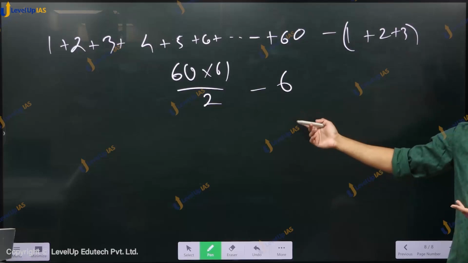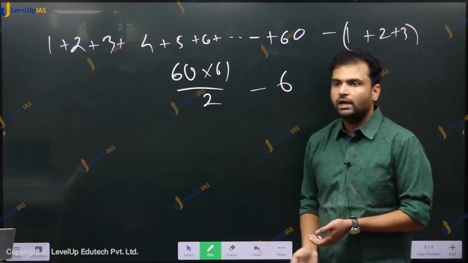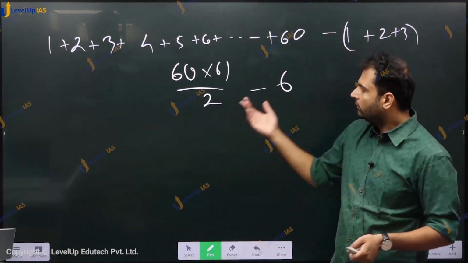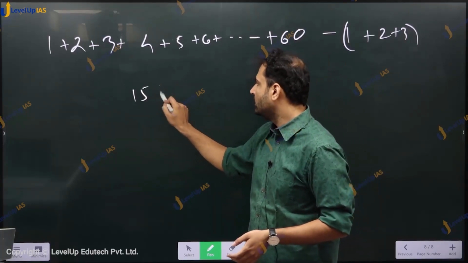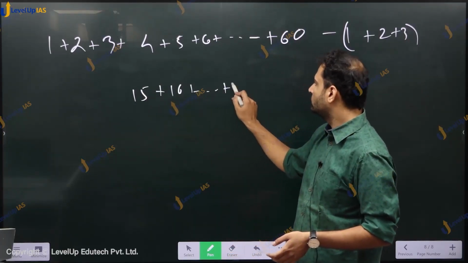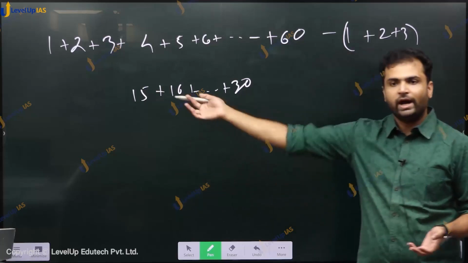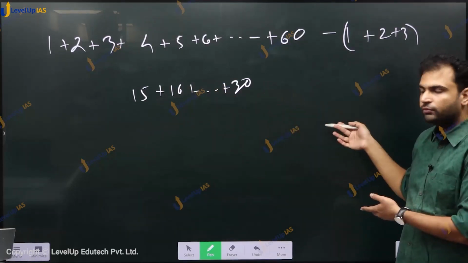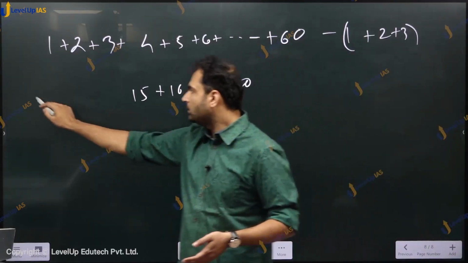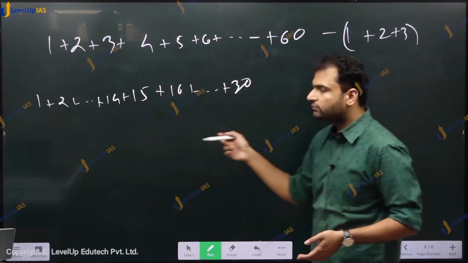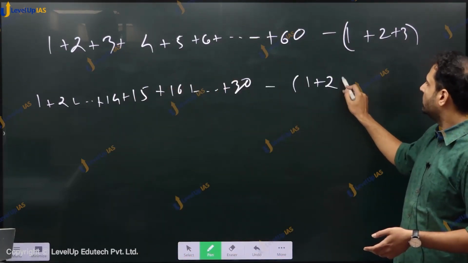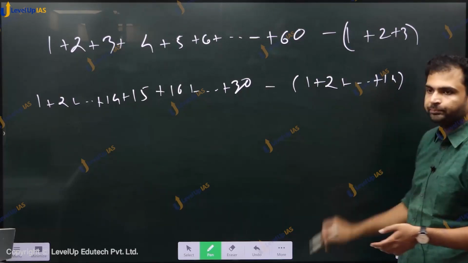This is how you can find the answers if they start somewhere in between. Wherever they start, here I started from 4. We can start from, let us say, 15 plus 16 up to 30. Here you add the first 14 numbers and subtract the first 14 numbers. How do you add? You add 1 plus 2 plus up to 14 plus this 15, and then minus 1 plus 2 up to 14.